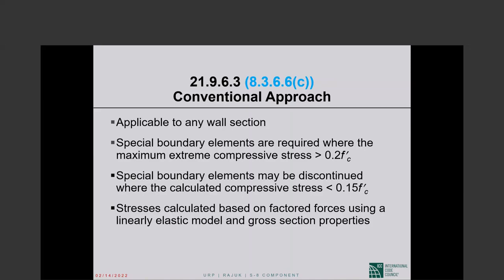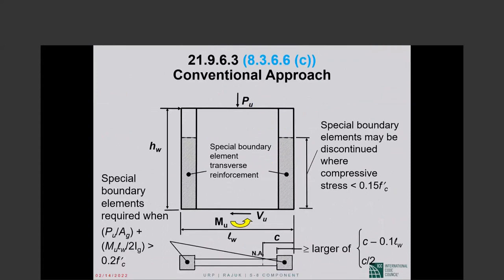So special boundary elements are required where the maximum extreme compressive stress is larger than 20% of F sub C prime. We can discontinue that when the stress falls below 15% of F sub C prime, and stresses are calculated on factored forces using a linearly elastic model and gross cross-section properties, as you have seen.